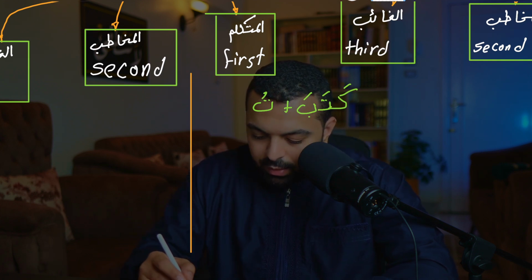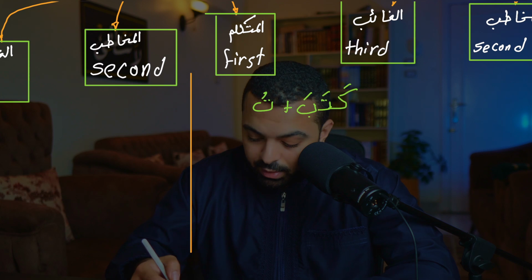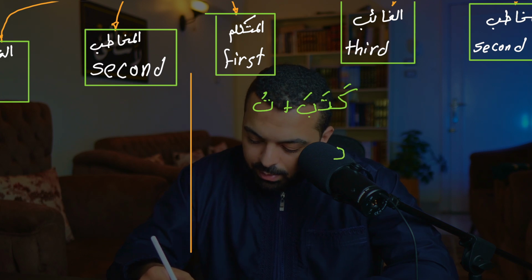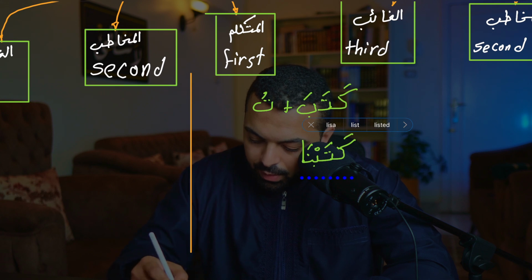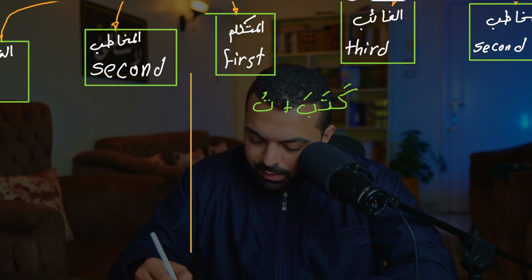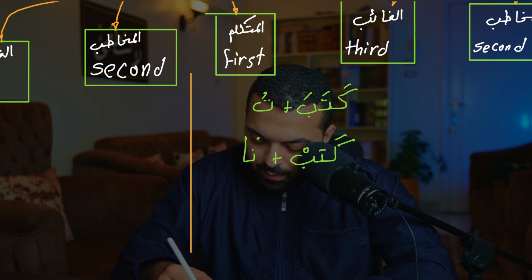Okay, so you say كتبتُ, that's المتكلم, the speaker, the first person. Or كتبنا, which means we wrote. So كتب plus na.